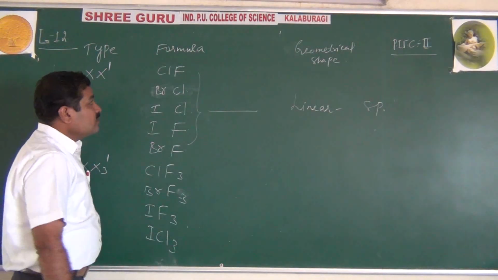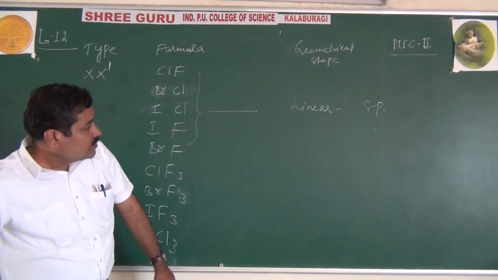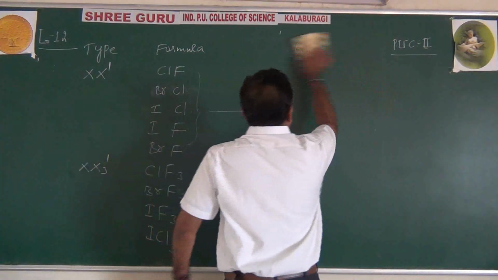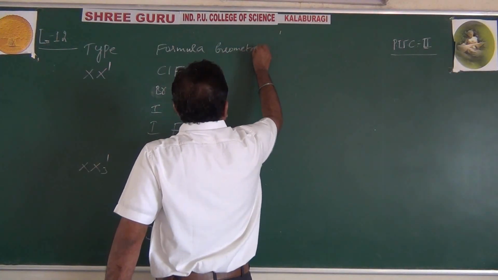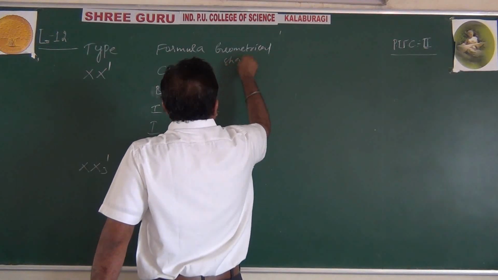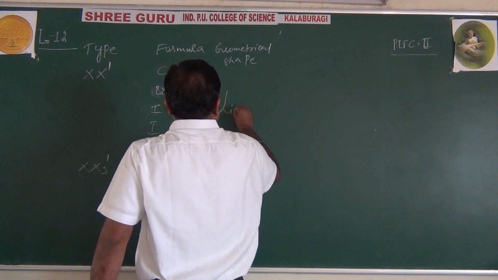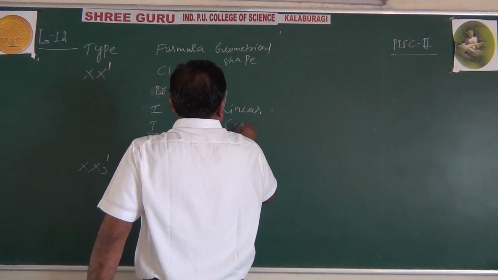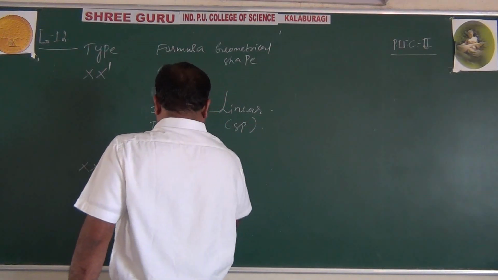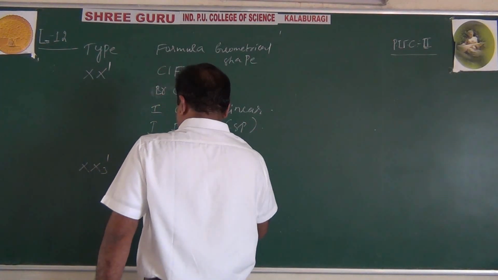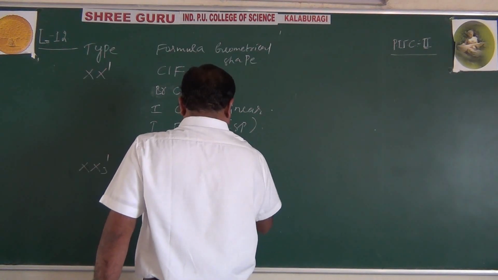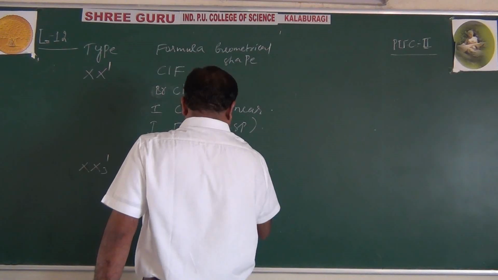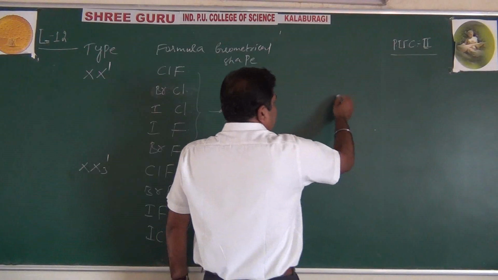The geometrical shape for XX' is always linear with sp hybridization. Here for XX'3, all have a seesaw structure with sp3d hybridization. How? Let us see. I will show you.